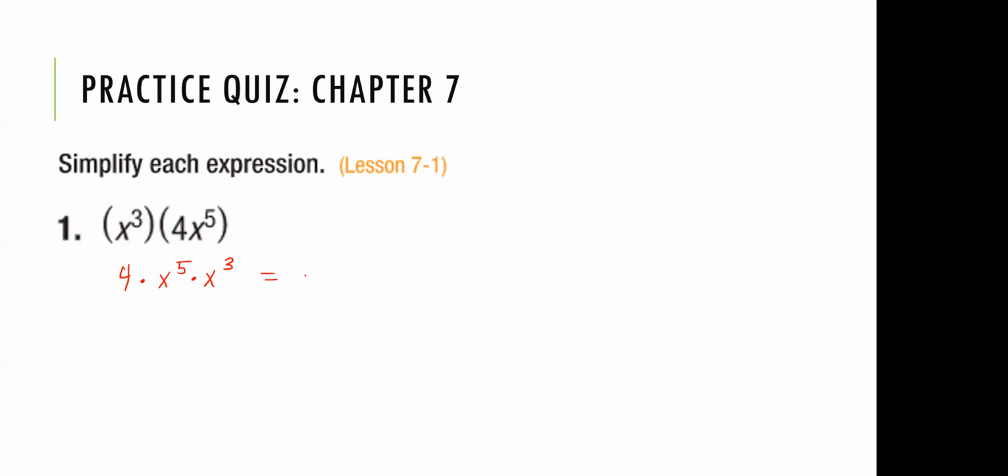The 4 just stays the same, 4 times 1 is still 4. Then for x to the 5th times x to the 3rd, I keep the base the same and add my exponents, so that would be 4x to the 8th power.